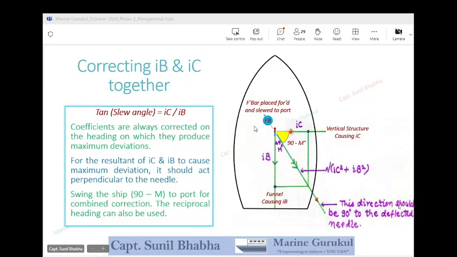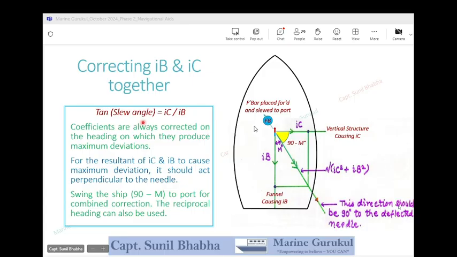So the tangent of this angle M will be equal to the perpendicular, which is the IC component, upon the base, which is the IB component. So you can see the formula here: tangent of the slew angle is equal to IC upon IB.